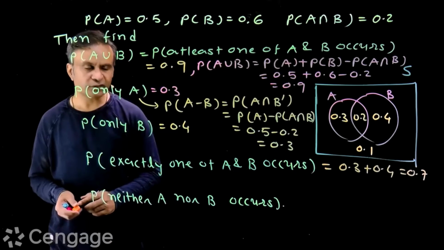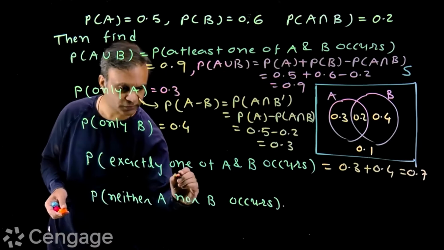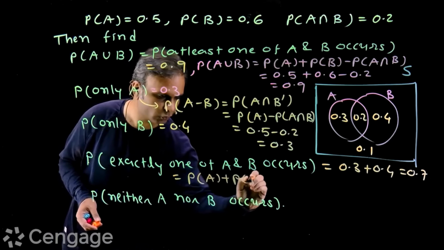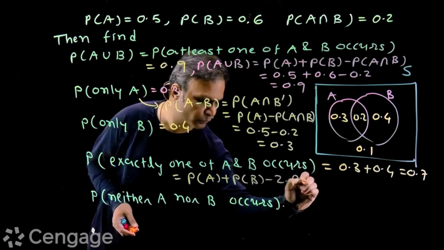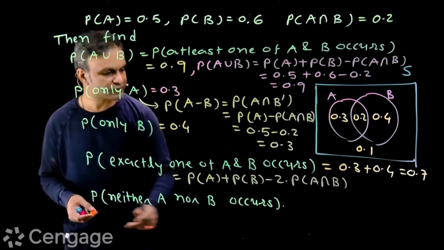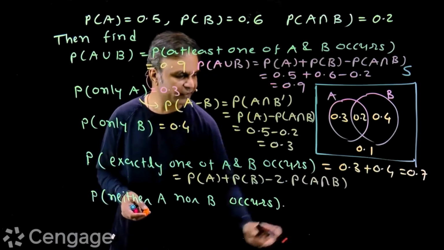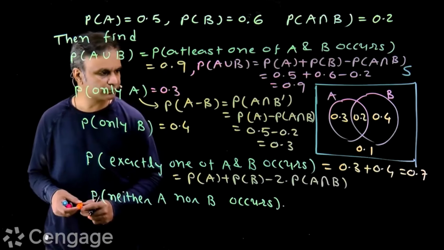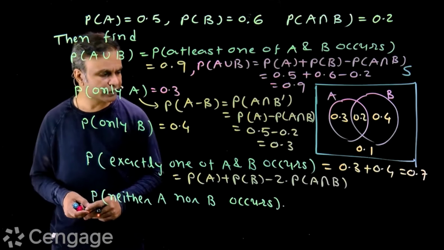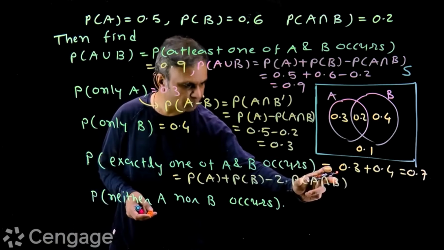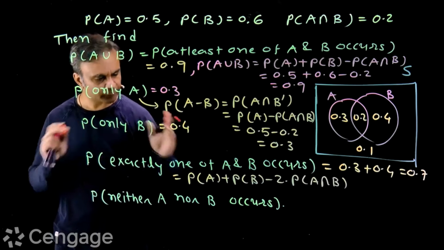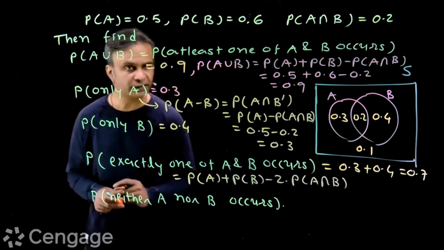And using concepts of set theory, this is equal to probability of A plus probability of B minus 2 times probability of A intersection B. Why are we subtracting 2 times probability of A intersection B? Because A intersection B is a part of set A as well as part of set B. So we have to exclude this probability 2 times. हमें A and B की दोनों की probability में से ये probability को minus करना पड़ेगा.